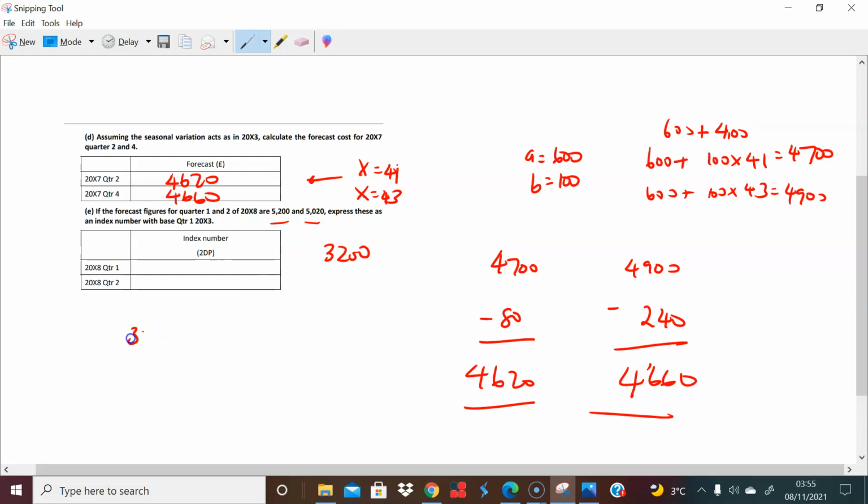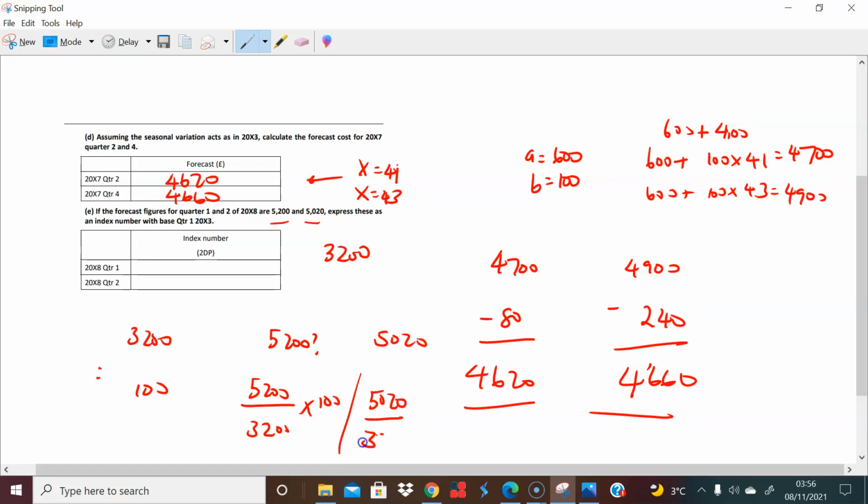So you have 3,200 at a base of 100, and it's asking what would 5,200 be. Hopefully you can start to see that I can simply go 5,200 over 3,200 times 100. I've been doing that in a way, but just delaying the times 100, because I'm literally just trying to find the conversion of that as a base of 100 on time.